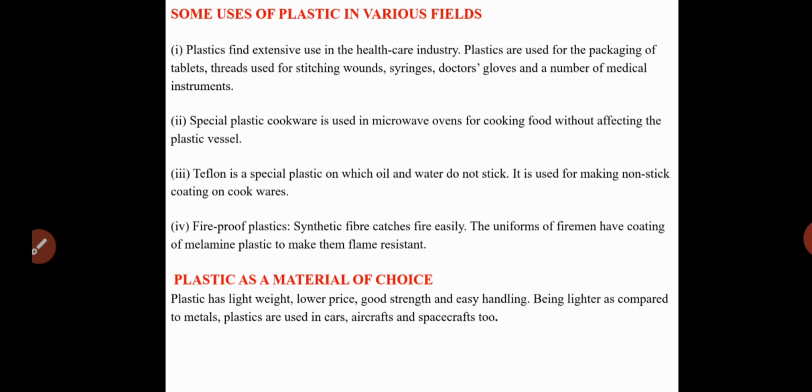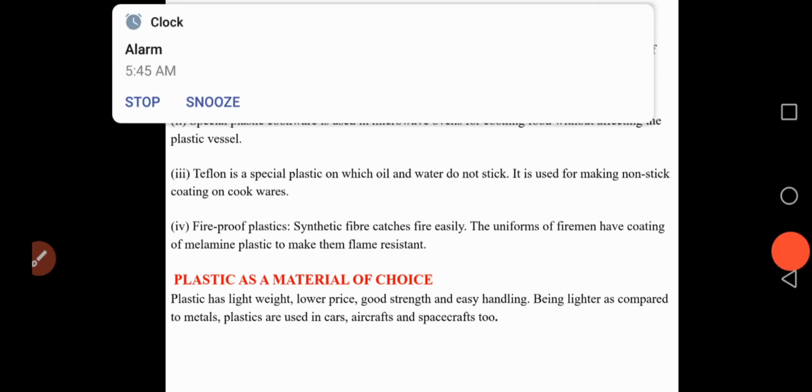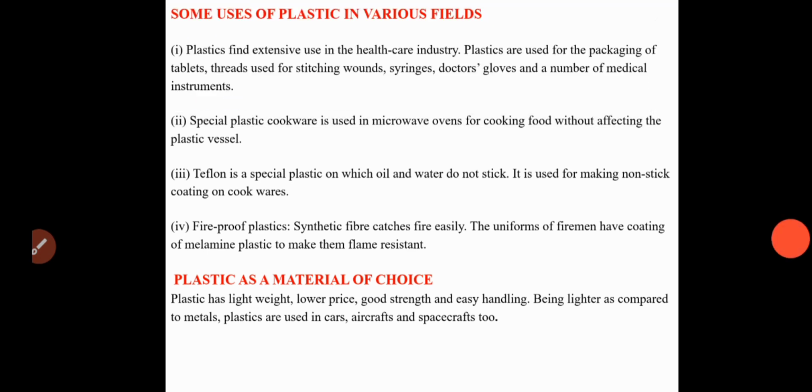It is used in the microwave oven for cooking food, and also Teflon, which is a non-stick plastic, and we can also store oil items. And also we are using plastic as fireproof material. So fireproof plastics are there. In these areas we are using plastics.